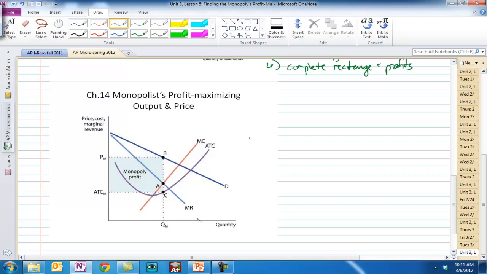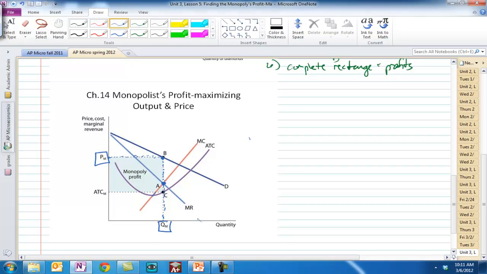Find MC equals MR. That's A. Use that to find the profit maximizing quantity. Extend that down to the quantity axis. There's the quantity QM. Now extend that up to the demand curve, point B, and over to find the price, PM. So there's this monopoly's profit maximizing price and quantity, QM and PM.